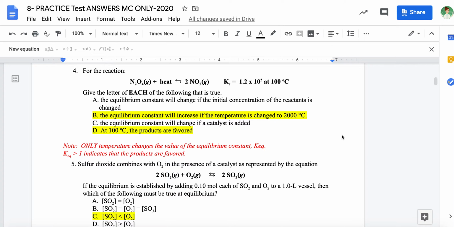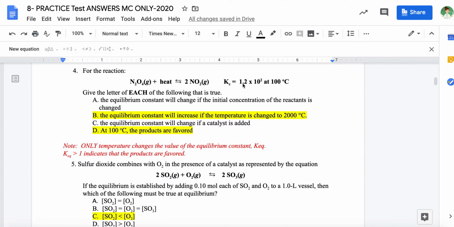All right, now question 4, read carefully. You're answering each of the following that is true. So a couple of things that I noticed before I even look at the options. I notice that the forward reaction is endothermic because the heat is on the reactant side. I notice that the K is greater than 1, which tells me that the products are favored.